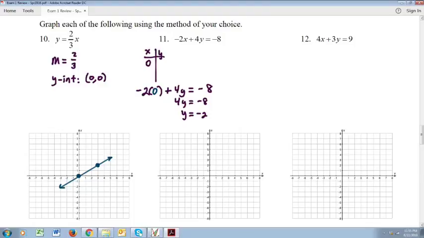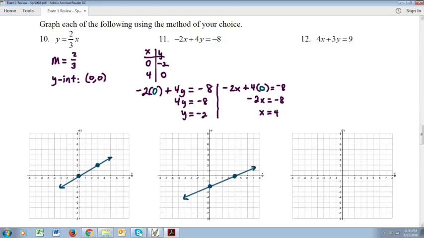So 0, -2, that would be our y-intercept since we chose x to be 0. If we let y be 0, we get -2x plus 4 times 0 is -8. We'll get -2x equals -8. And so x is 4. And so you can graph these 2 points and draw the line.